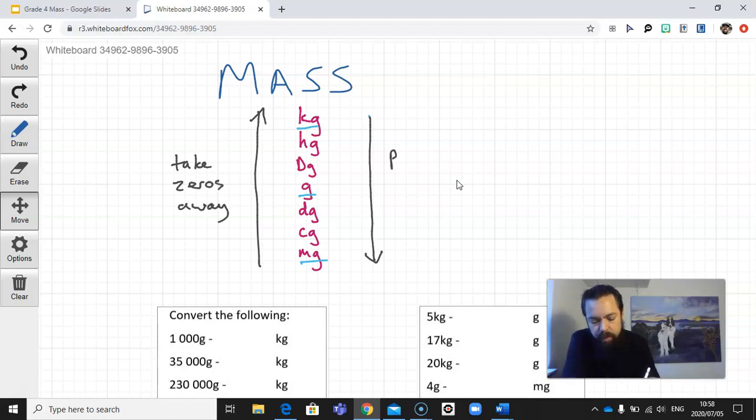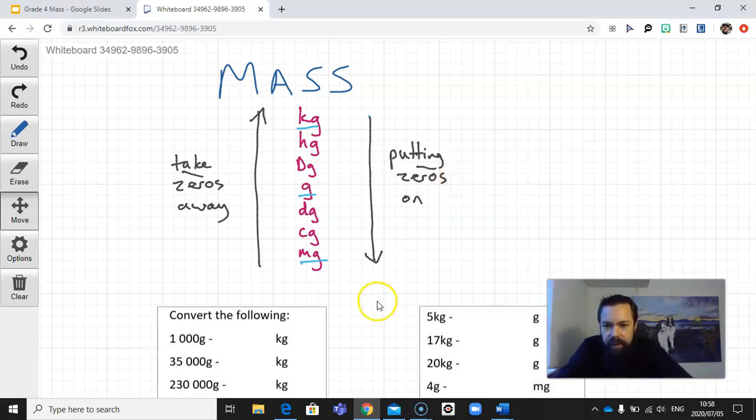And if we're going from a big unit down to a small unit, we are putting zeros on. Maybe it seems a little bit like the opposite. You think if we're going to something bigger, we should add more, but it's a way of representing. So be careful that you don't mix up whether you're putting zeros on or taking off. If we go from big to small, we put zeros on. If we go from small to big, we take the zeros away.